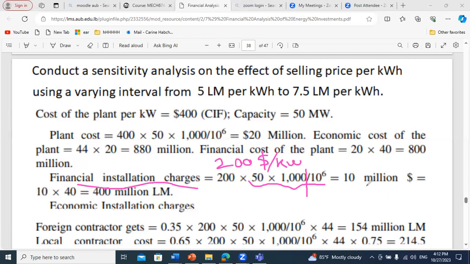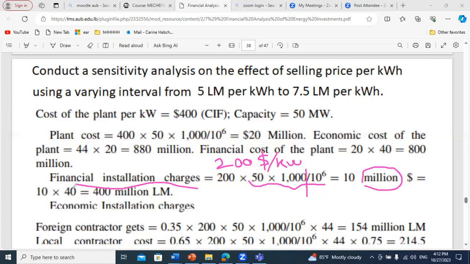And then since we'll provide the value in millions, we'll divide by 10 to the power 6. So concerning the installation charges, it is $10 million. Now, when we want to find the economic value, we have to multiply by the shadow rate, which is 44, while when we consider the financial one, we should consider the official rate, which is 40.